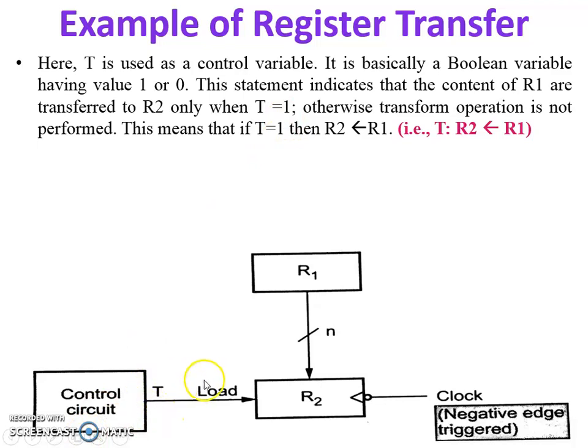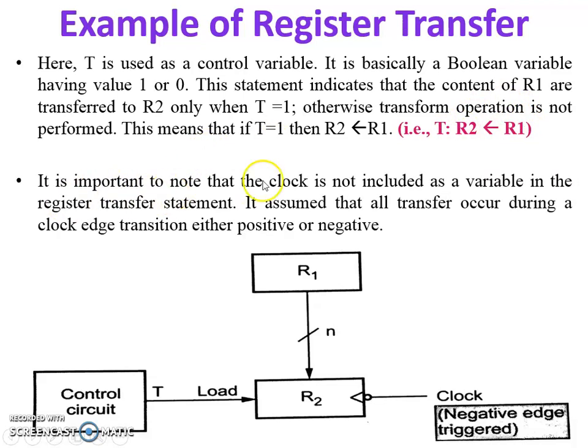When the value of T is equal to 1, at that time R1 data is transferred from R1 to R2. Otherwise the transfer operation is not performed. So we can write it this way: T colon R1 transfer R2.